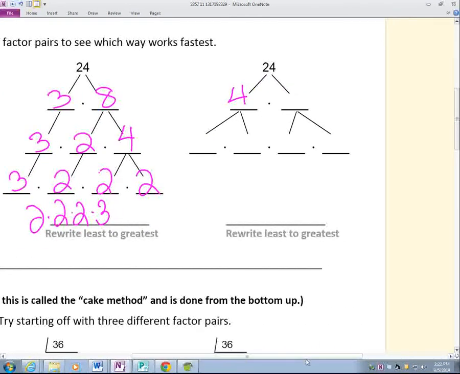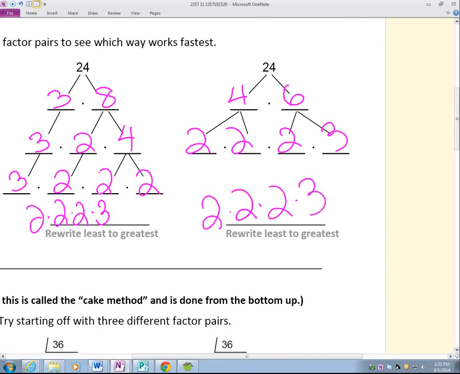So we use 4 and 6, you said? Help me out with this one, Dana. Look at that. Boom. Same thing again. 2, 2, 2, 3. No matter what method we do, we get the same result.